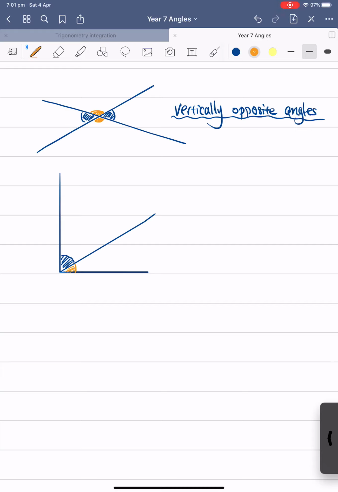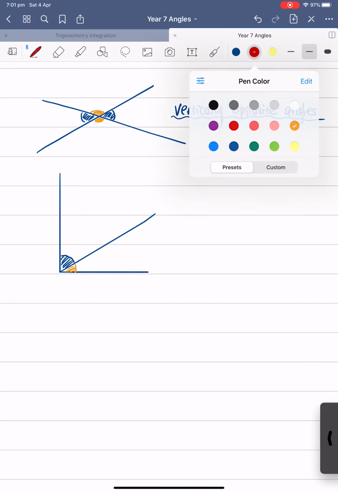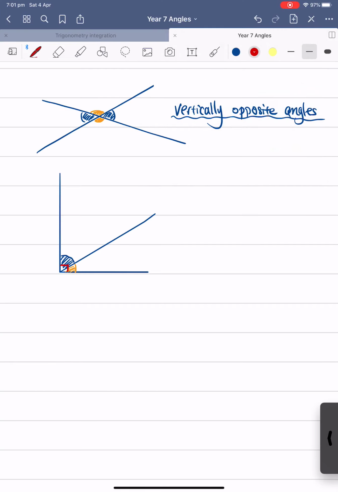These two angles add together equals to 90 degrees because we know that that is a right angle. Okay, that is a right angle here, so we call that complementary angles. And then complementary angles add together equals to 90 degrees.